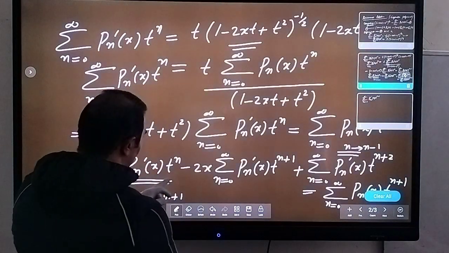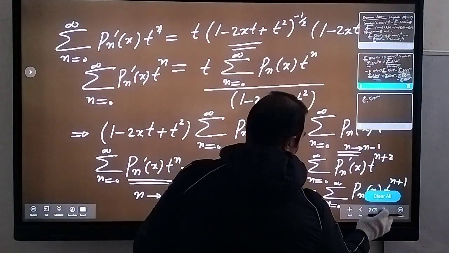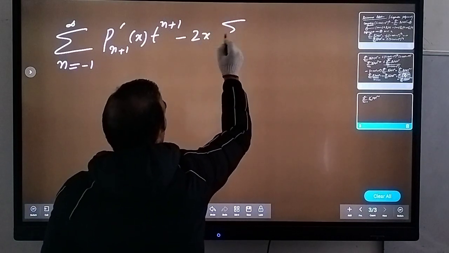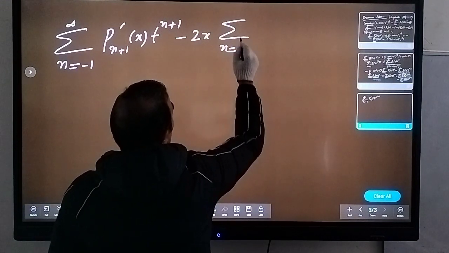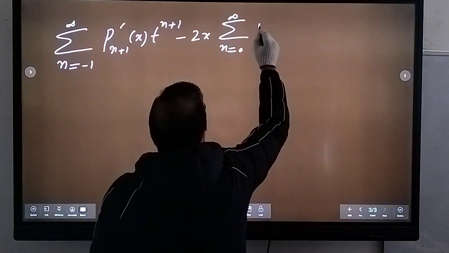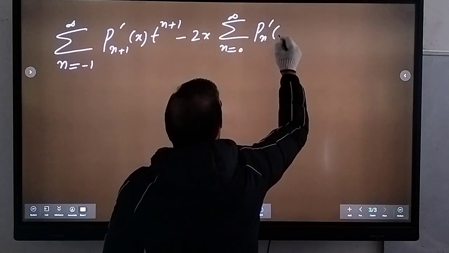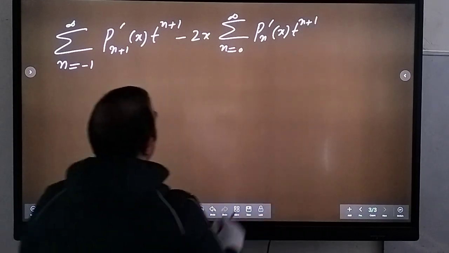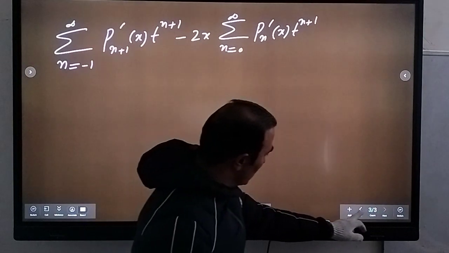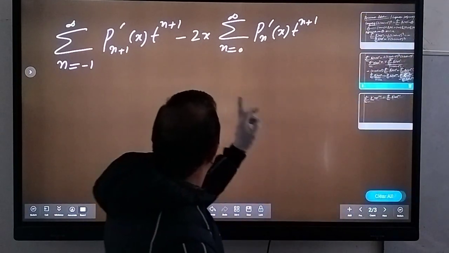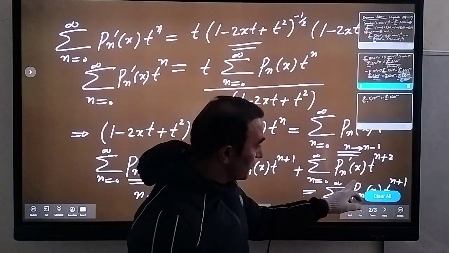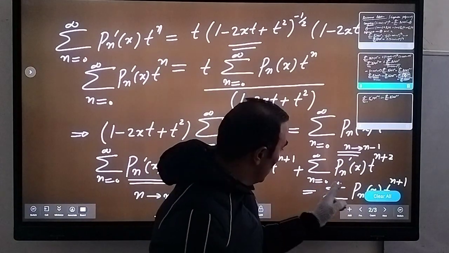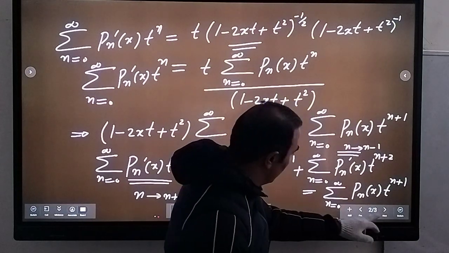And the next term will be, so that will be as it is. Here is for n plus 1. Just have a look because I have already written this, that is 2x p n dash of x. So in this we need to shift n to n minus 1. So summation here will go n equal to 1 to infinity and this will be p n plus 1.